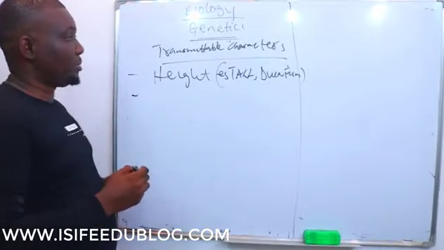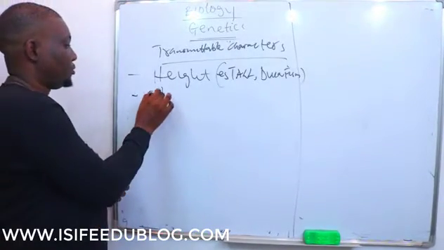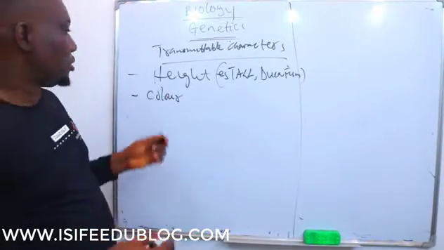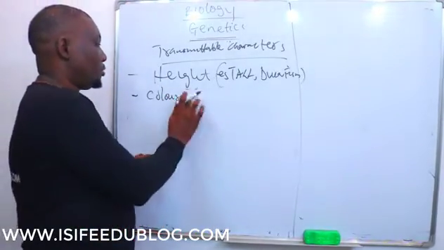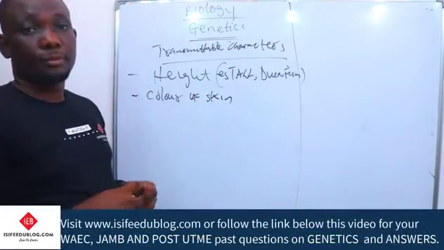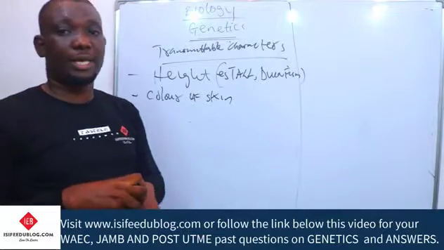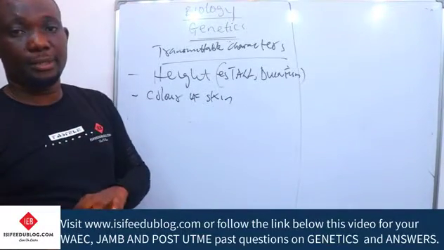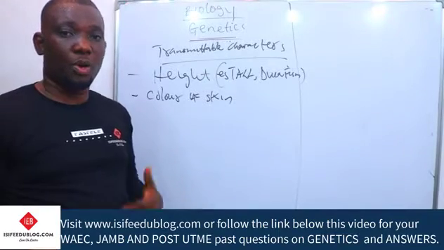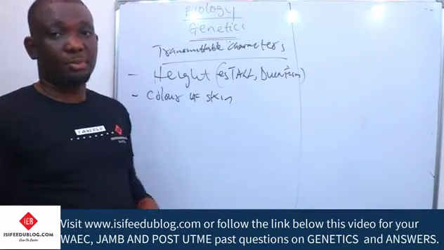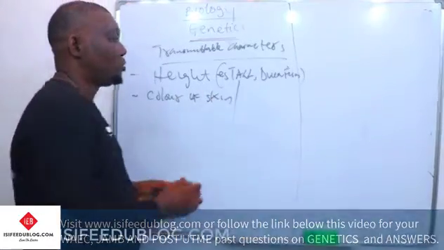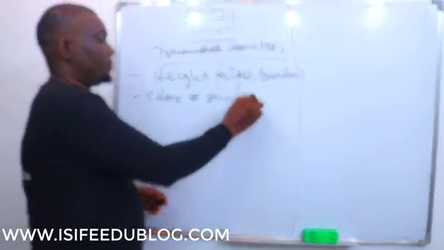The next transmittable character is color. Yes, color. This can be the color of skin. There are some that have dark skin, some fair skin, and some albino type, or albinism. So it is transmittable. Color of the skin or color of the eye.